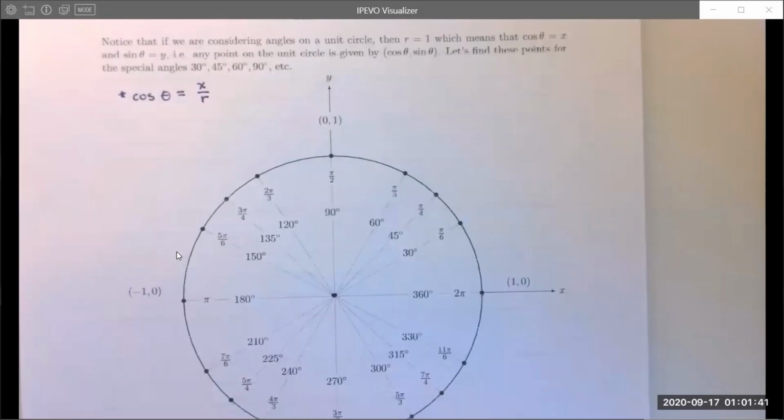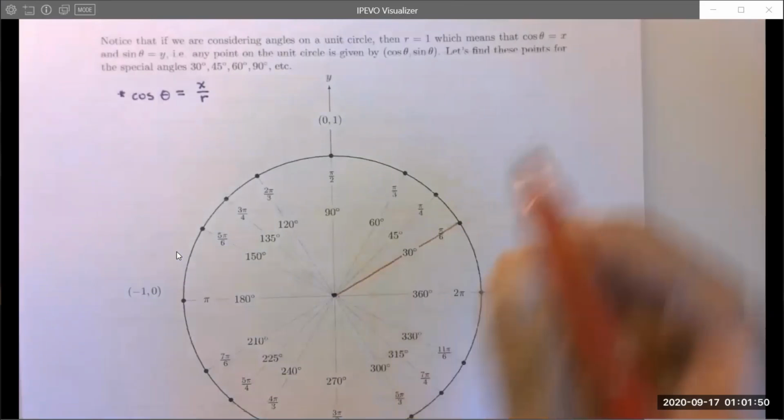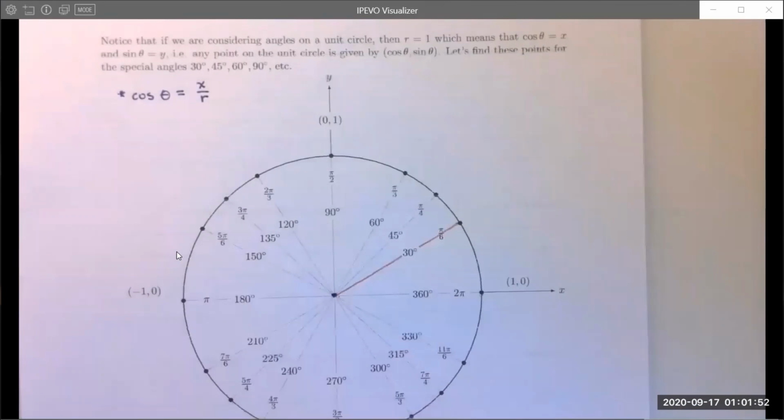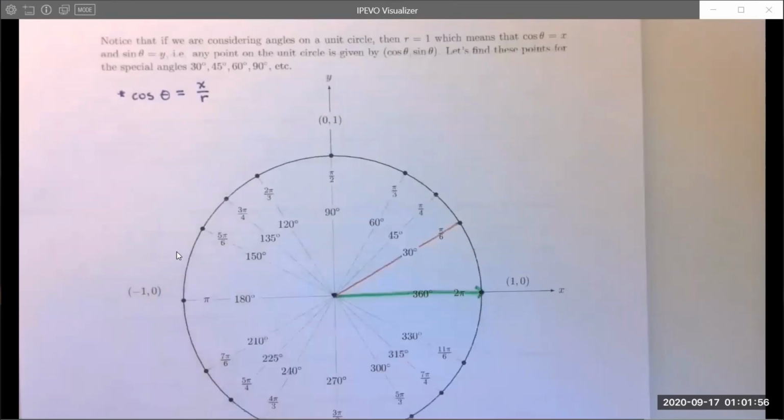Well, let's say that we're considering the terminal side for an angle that measures 30 degrees. So that one there. And here is our initial side always on the positive x-axis, right? So let's say that I'm considering this terminal side.